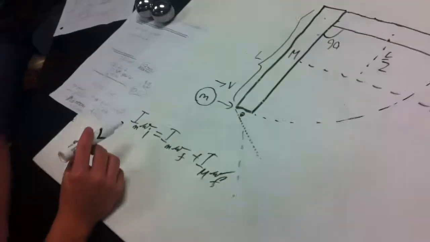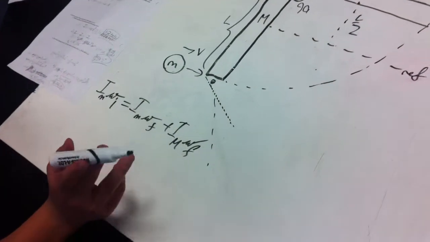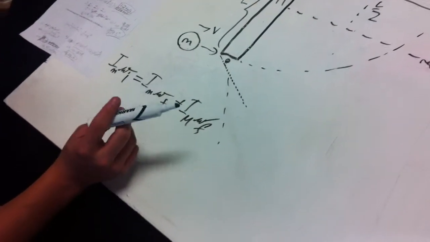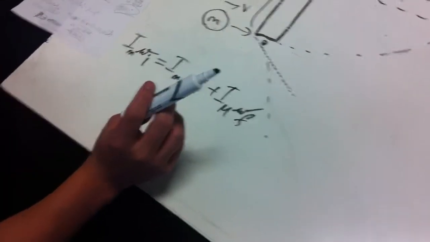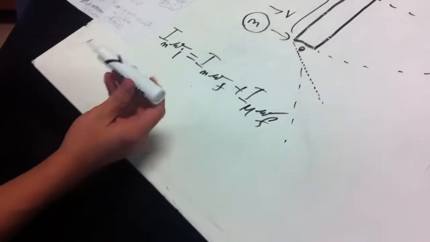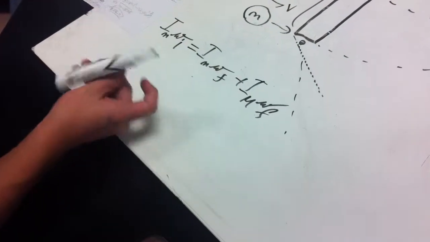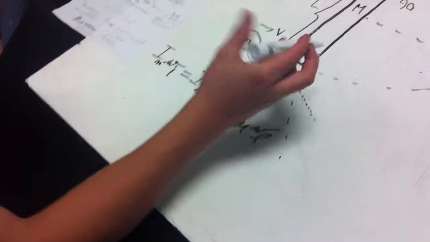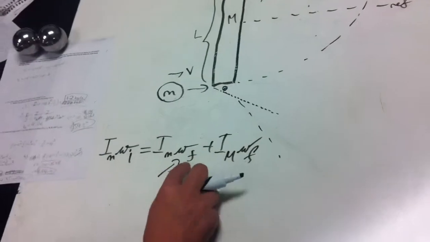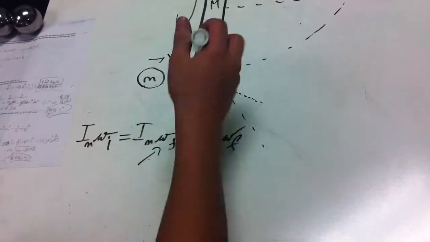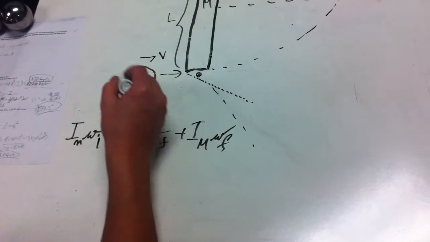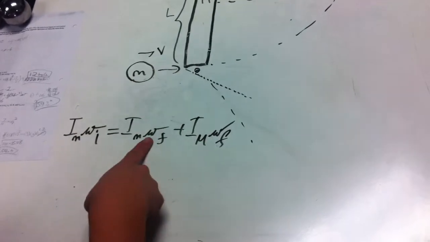What are we solving for here? We will be solving for theta. Note that theta is not in this equation, but what is in this equation is the x component of the final velocity, and that is in the final angular velocity of this small mass.